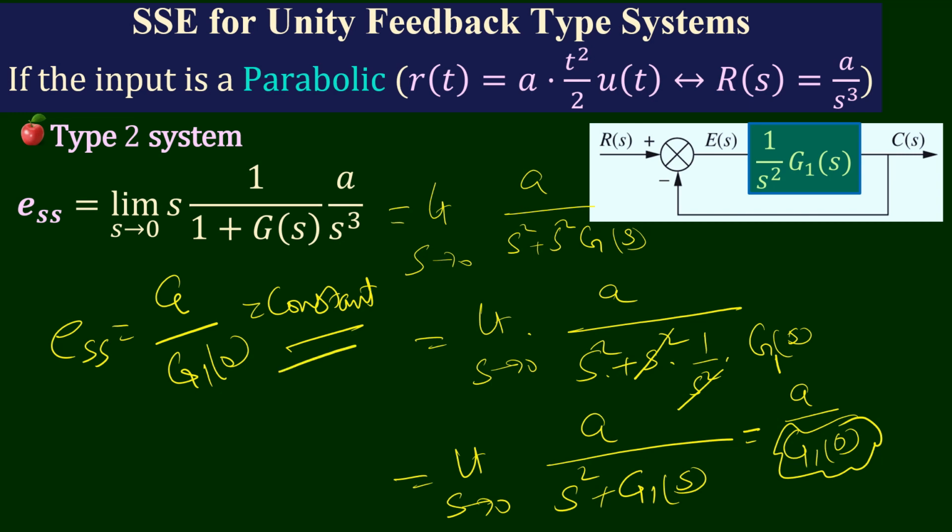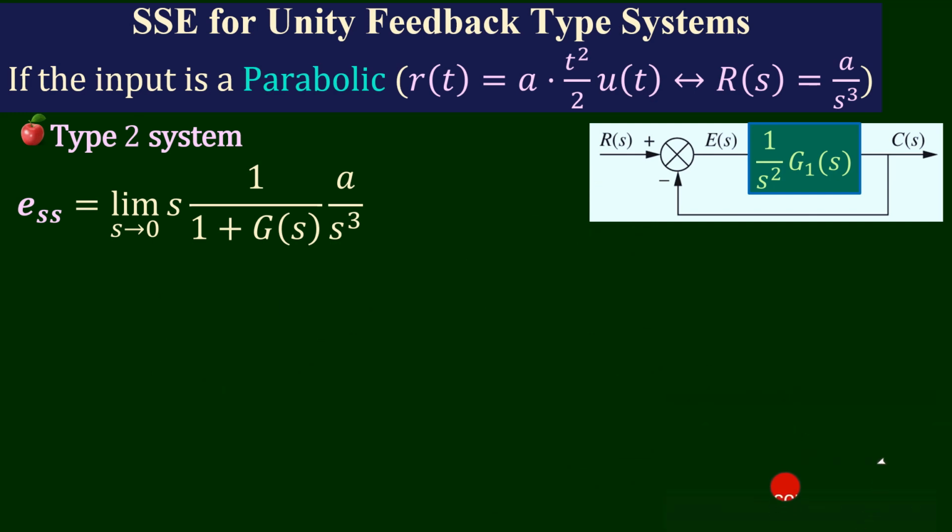This means that increasing the gain of G1(0) will decrease the steady state error, but it will never reach 0 whenever the reference input to the system is a parabolic signal. So the type version is written here.